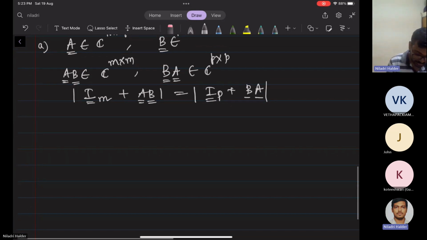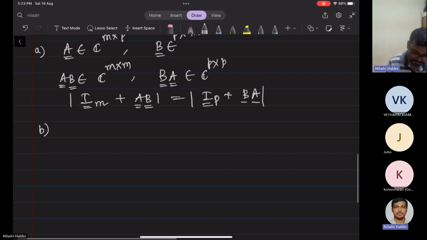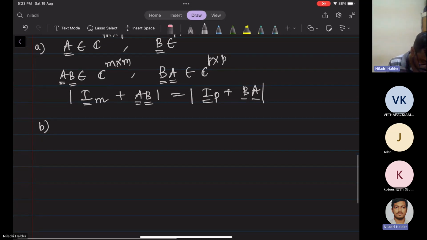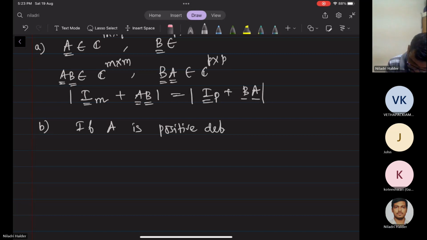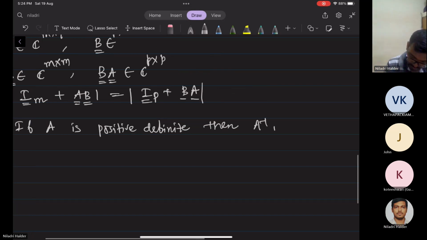Then in the second property, if A is positive definite, then A inverse will also be positive definite.